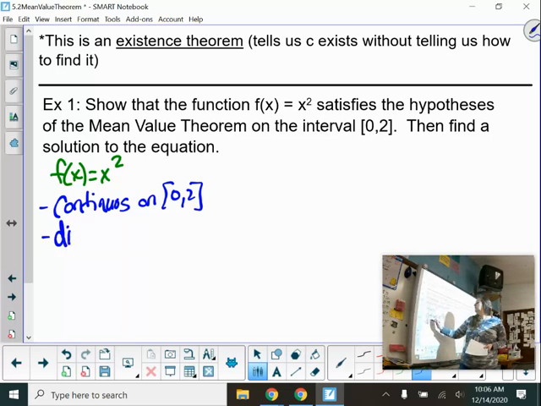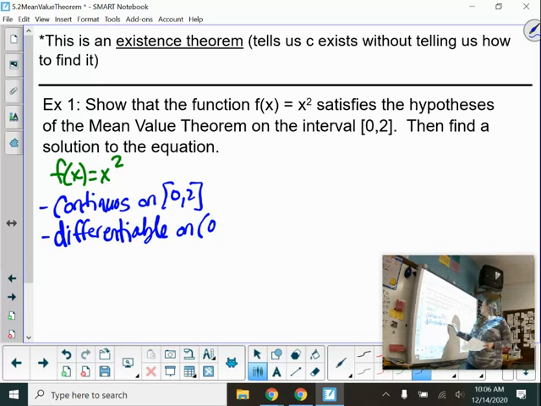And it is differentiable on the open interval 0 to 2. So because it is continuous and differentiable, it does satisfy the mean value theorem. And there are some questions on your homework where all it's asking you is, does this satisfy? This does in fact satisfy here. So now we want to take the derivative.